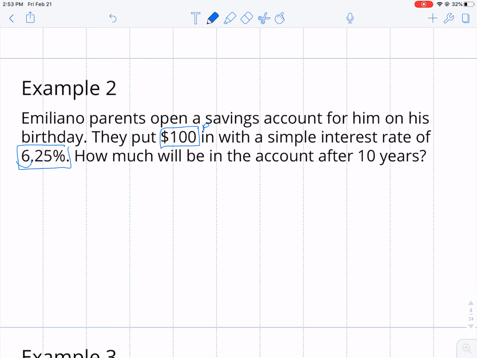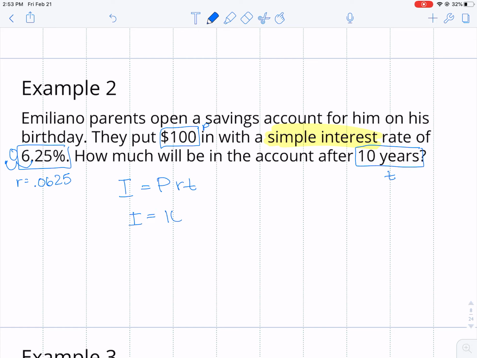The R, once you convert this, should be 0.0625. And then the 10 years would be the T. It says that we're looking for the simple interest. So we know that it's going to be I equals PRT.